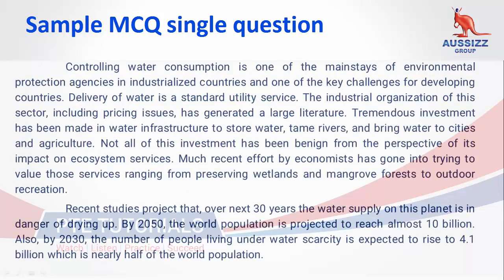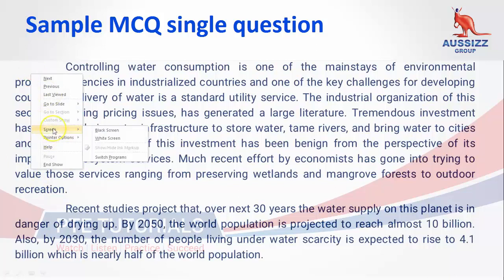Now let's go back to the question and see. Controlling water consumption is one of the mainstays of environmental protection agencies in industrial countries and one of the key challenges for developing countries. Now we're looking specifically for numbers. So obviously this relates back to our question. It's looking for water issues.